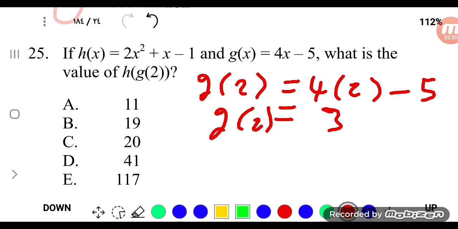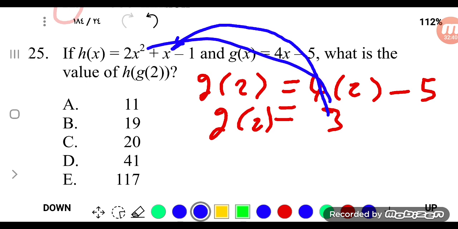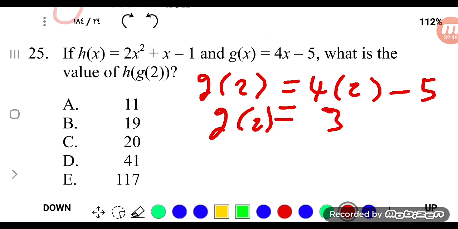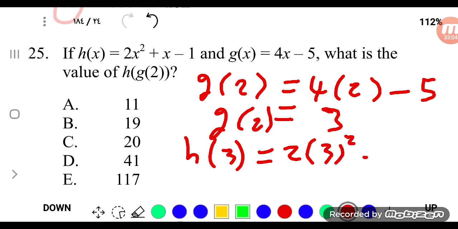Now you plug this 3 into h. This 3 should be plugged where? Here in h, instead of x. So if you do that, you get h of 3 is equal to 2 times 3 squared plus 3 minus 1.